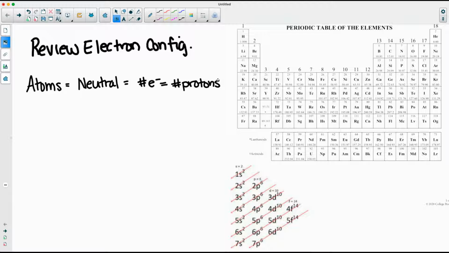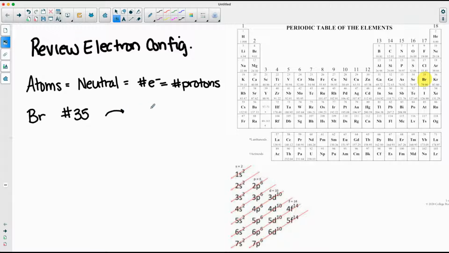We get the number of electrons from the atomic number. For example, if we want to do the electron configuration of bromine, we need to find bromine on the periodic table, and it is element number 35.